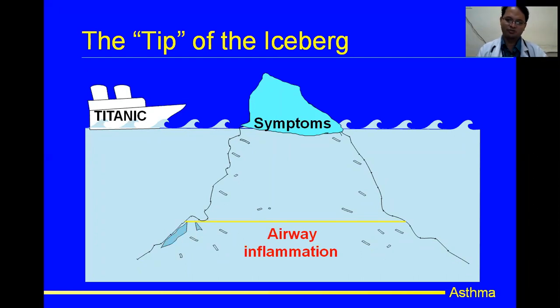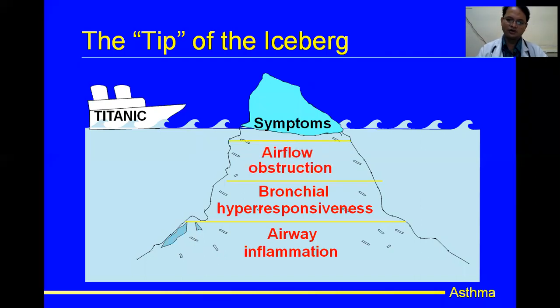The base is formed by chronic airway inflammation. That leads to bronchial hyperresponsiveness. That is, whenever the patient's lungs are exposed to any allergen, they immediately collapse. This leads to, again, airflow obstruction.